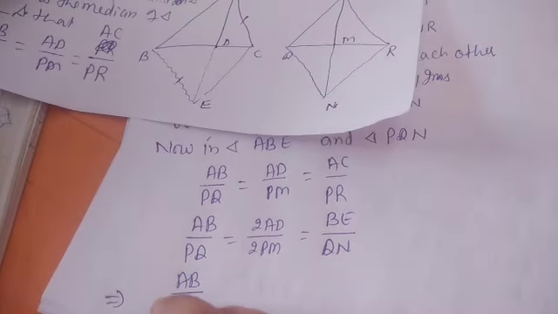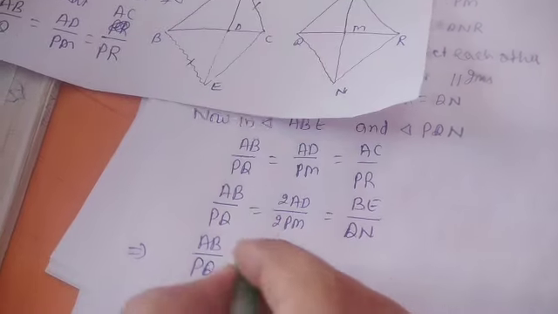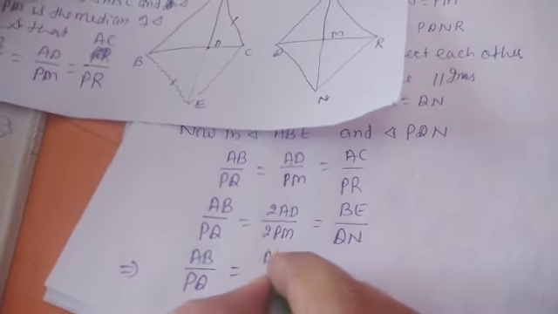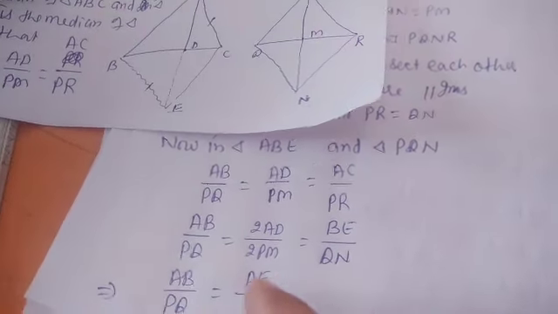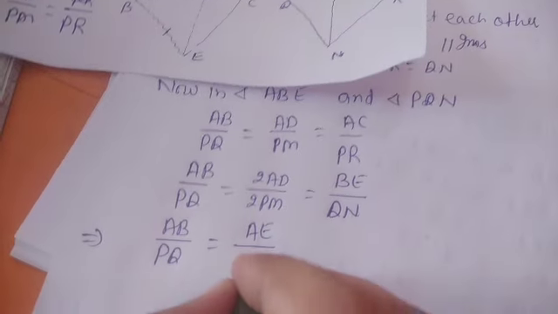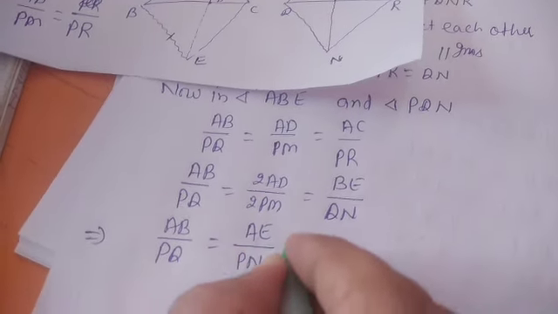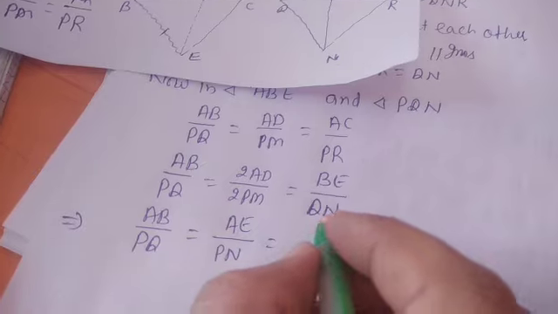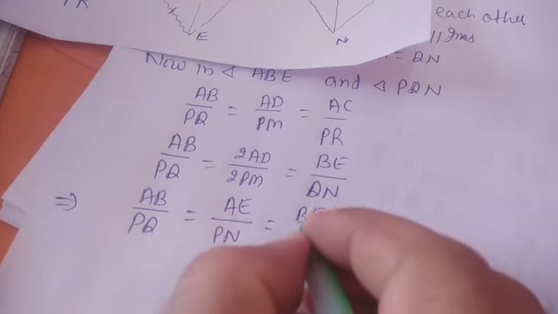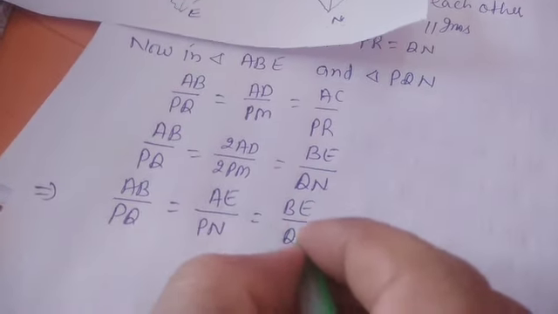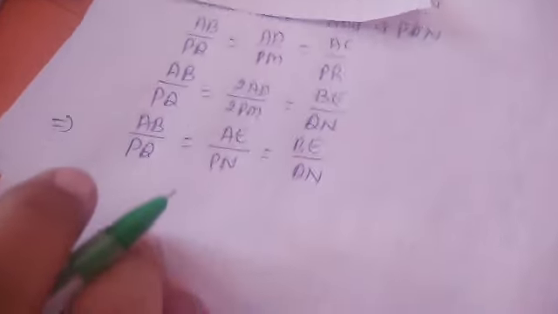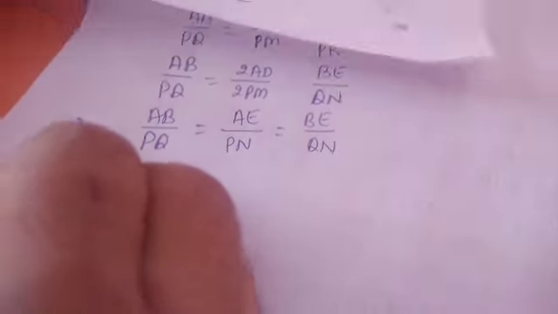AB by PQ is equal to AE, twice of AD, is equal to PN is equal to BE by QN. Therefore, by which rule?